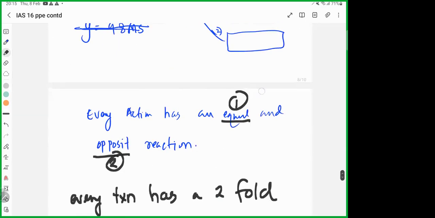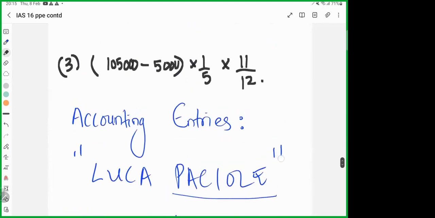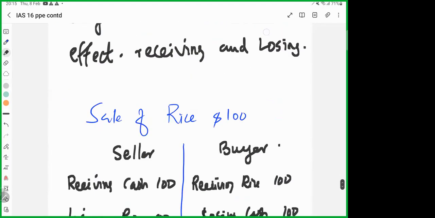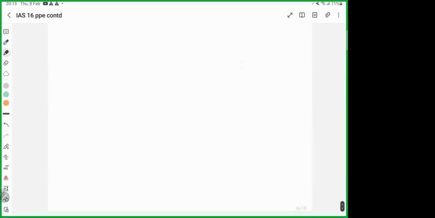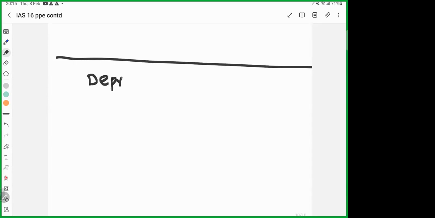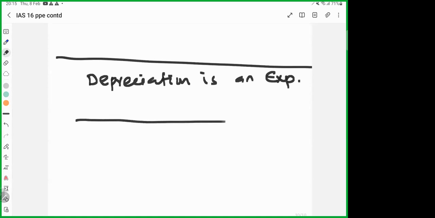So this much is sufficient. Now we will talk about accounting entries for depreciation. Depreciation, as we know, is an expense. There is a double entry table. I don't know whether I discussed this, but still I will give you this.